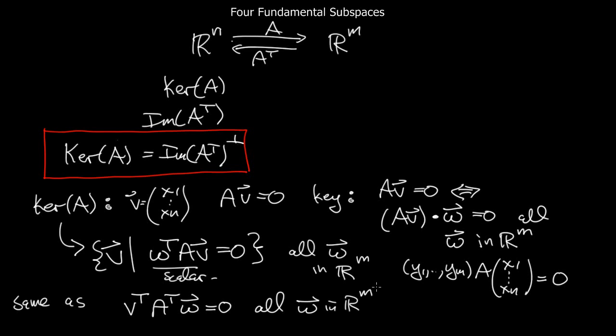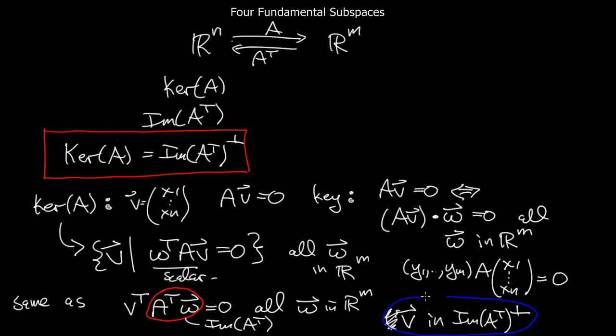Well, let's see. This vector A transpose W, if you say this for all W in R^m, this A transpose W is running over the whole image of A transpose. And so this equation is saying that v is perpendicular to the image of A transpose.